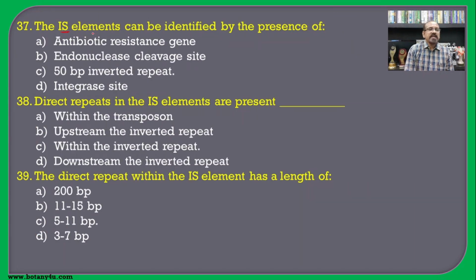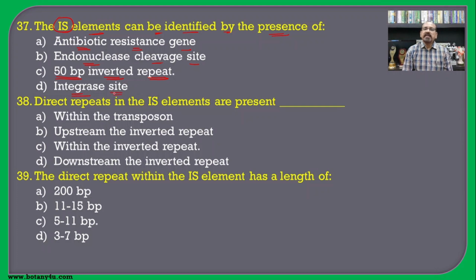The IS elements can be identified by the presence of IS, that is insertion sequences. So first one, that is the antibiotic resistance gene, then endonuclease cleavage site, and 50 base pair inverted repeats, then integrase site.